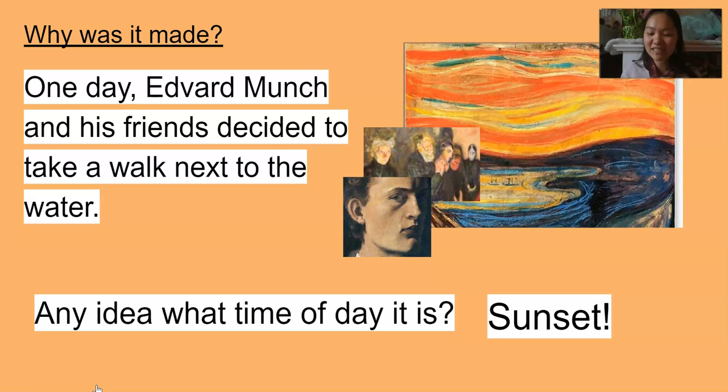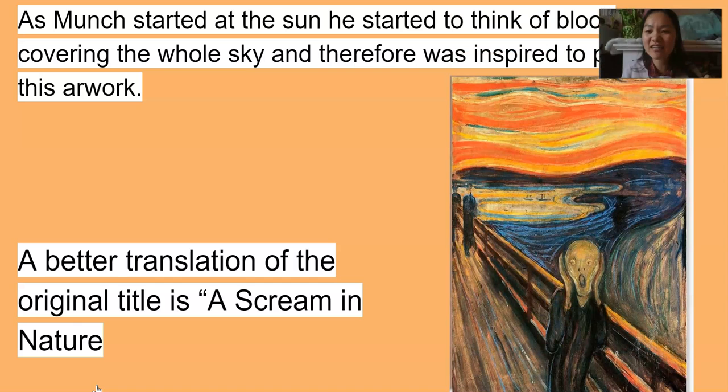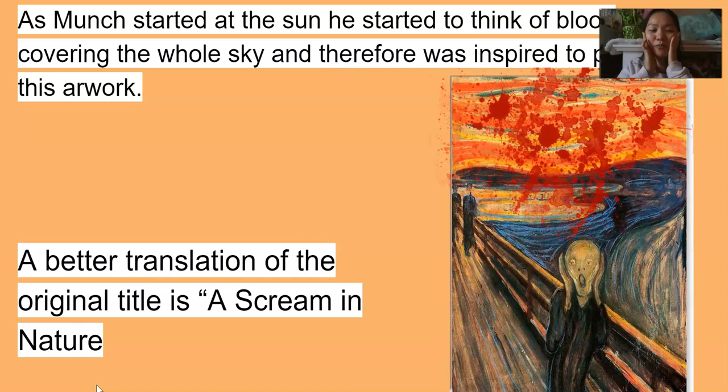And as he looked in the sky, he started to see this image of blood covering the whole sky, and therefore he was inspired to paint this work. So he was standing there, and all of a sudden he thought of how blood could smear all over the color of the red, the orange. It really reminded him of the sky being bloody, and so it kind of turned into a scene of horror for him.